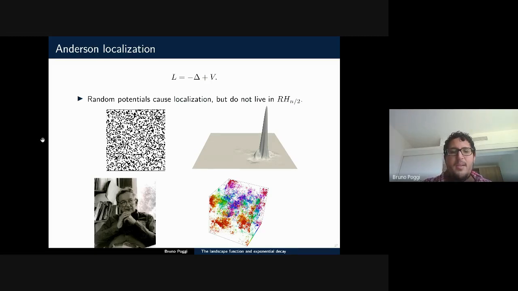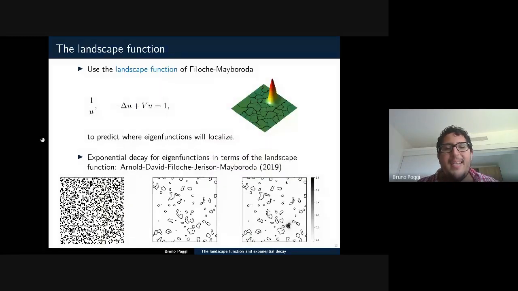Now, what is this landscape function that I have mentioned a few times? It's a solution to the equation minus Laplace u plus vu equals 1. The idea of studying this solution was introduced by Marcel Filoche and Svitlana Mayboroda.